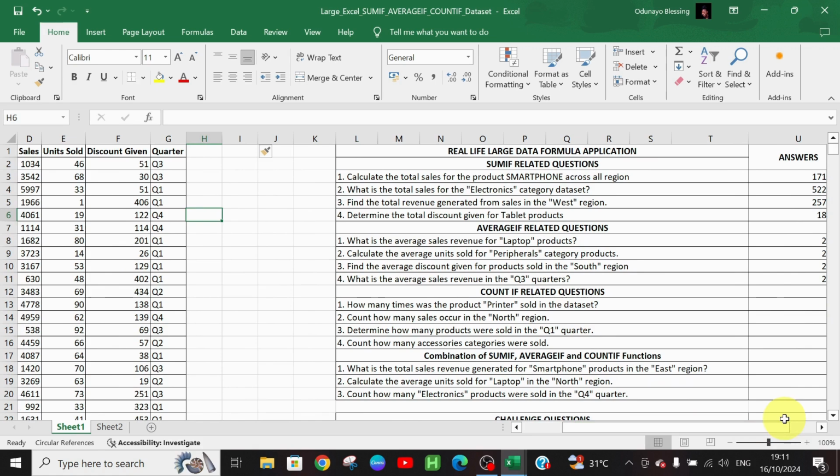The question goes thus, that we should calculate the total sales revenue generated for smartphone products in the East region. So the way it works is that it's telling us that there are 2 conditions that must be fulfilled.